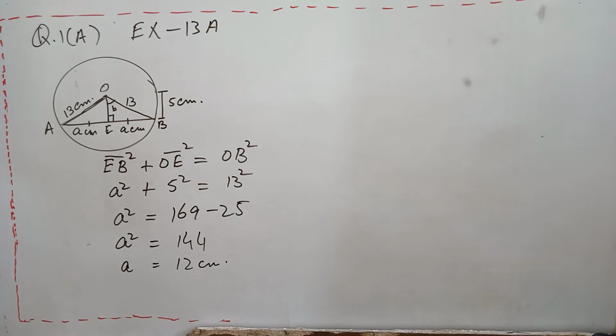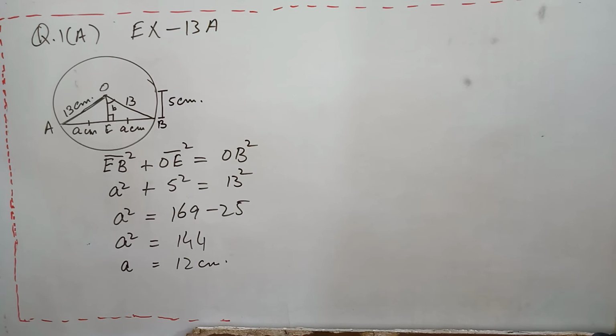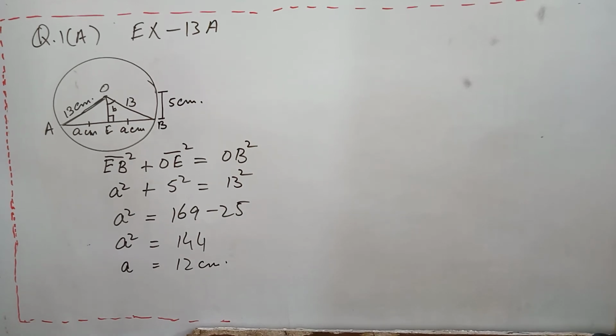Now for the angle B, we can use any ratio because we have all three sides. We can use sine, cos or tangent.